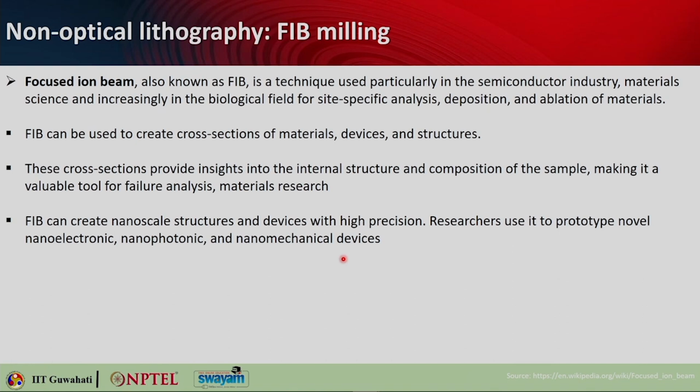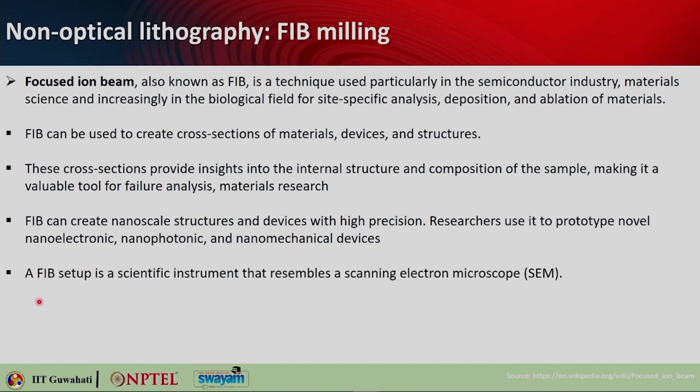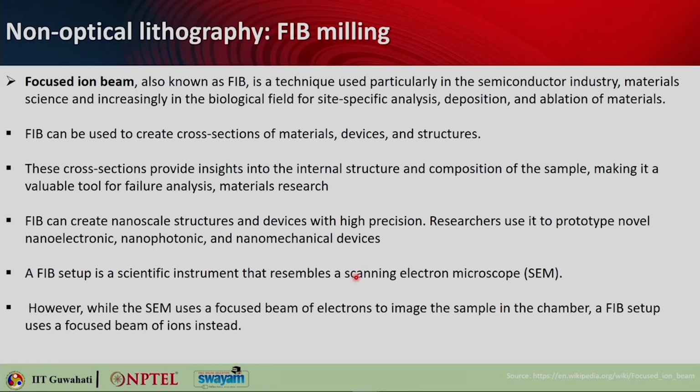FIB can also create nanoscale structures and devices with high precision, and researchers use it to prototype novel nanoelectronic, nanophotonic and nanomechanical devices. The setup of an FIB resembles that of a scanning electron microscope. However, while SEM uses a focused beam of electrons to image the sample in a chamber, the FIB setup uses focused beams of ions, not electrons, but ions.